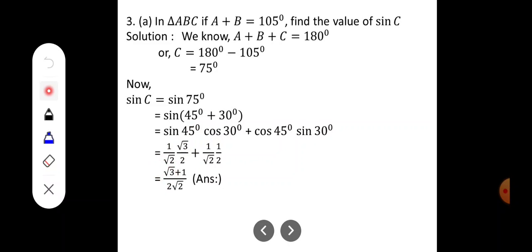Multiplying and dividing the LCM by the second denominator we also get 1, and multiplying 1 with the numerator we get 1 here. This is our answer.